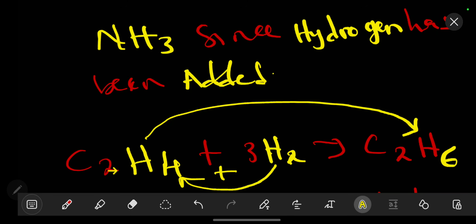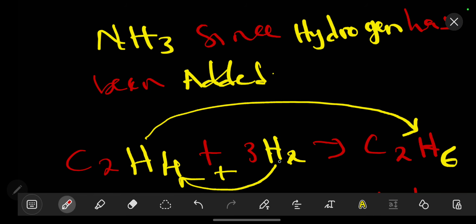Let's look at this other equation. We might have ethene. Ethene reacts with hydrogen to form what we are going to call ethane. Now the main thing is that we have 4 hydrogens here, and it now has 6 hydrogens.